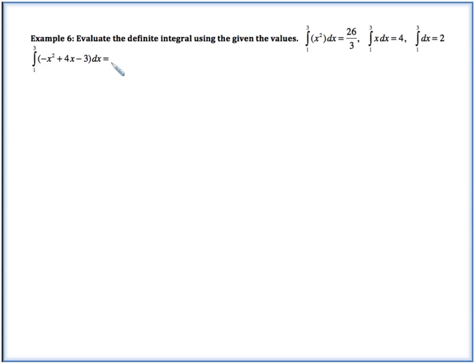So the first thing that we're going to want to do is separate these out. So we see different terms here of our polynomial. We're going to split into 3 different definite integrals.